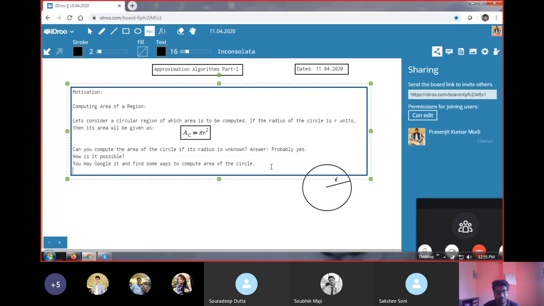Ultimately we found a technique to compute its area, and let it be, later on we will use this.